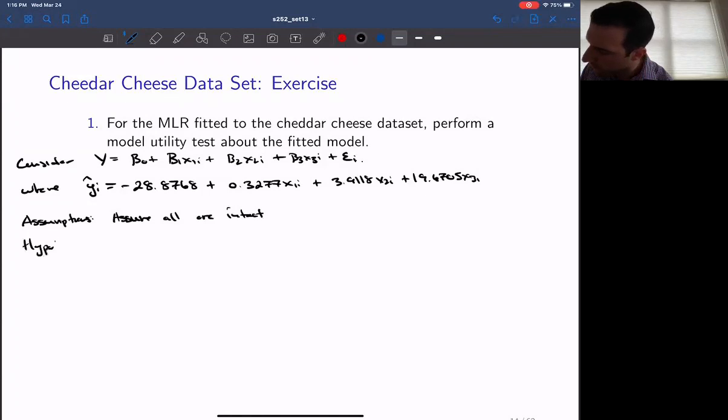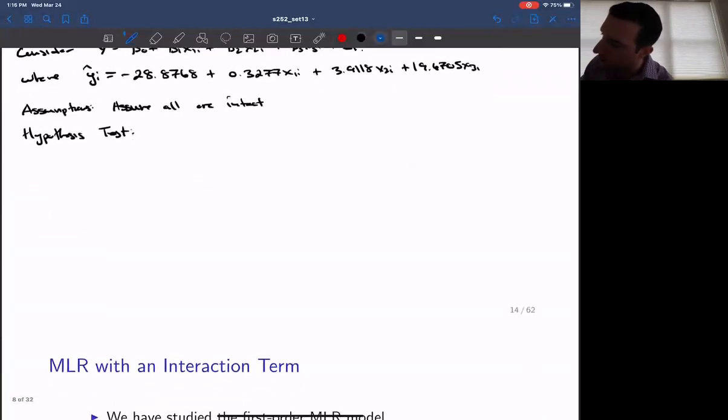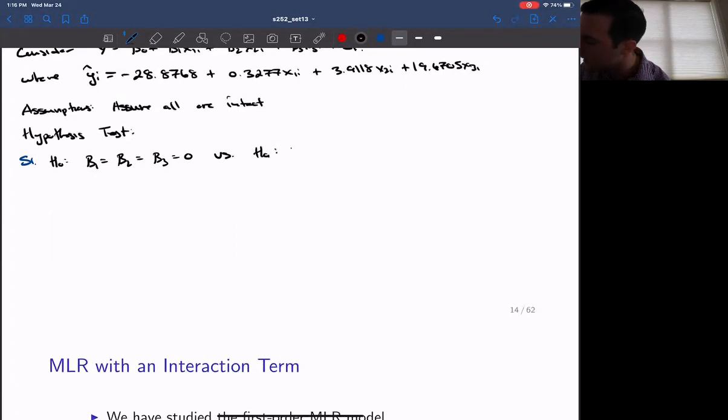All right, so then on the hypothesis test, we are going to have on step 1, H0: beta 1 equals beta 2 equals beta 3 equals 0 versus HA: at least 1 beta j not equal to 0 for j equals 1 to 3.